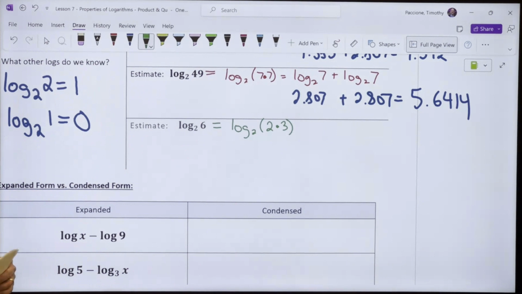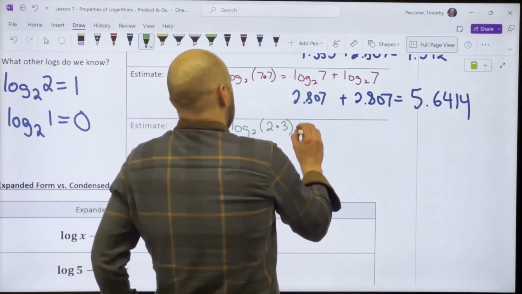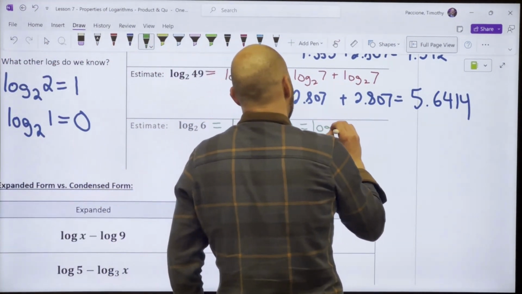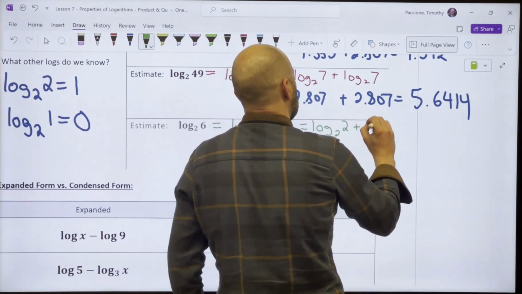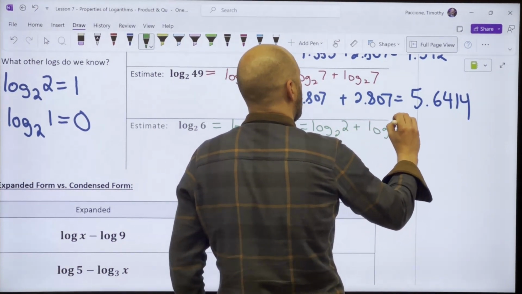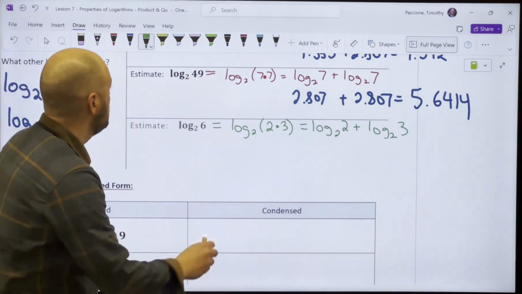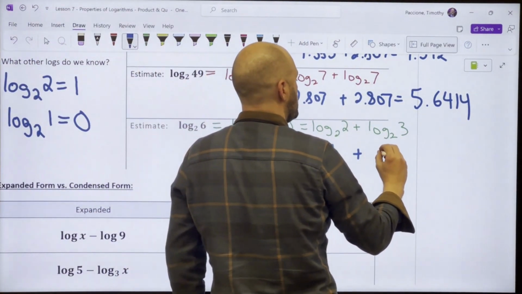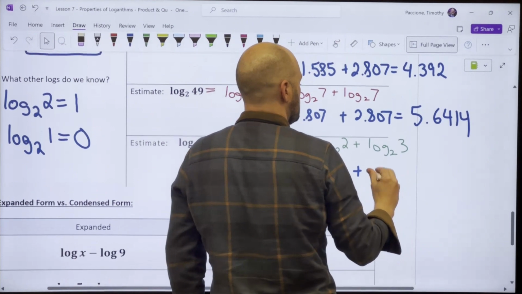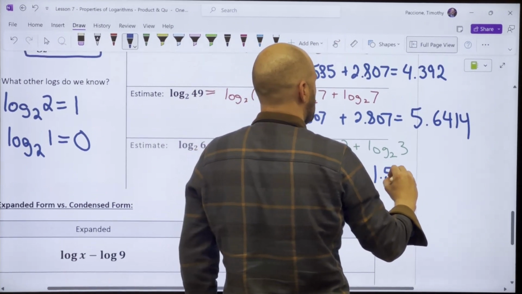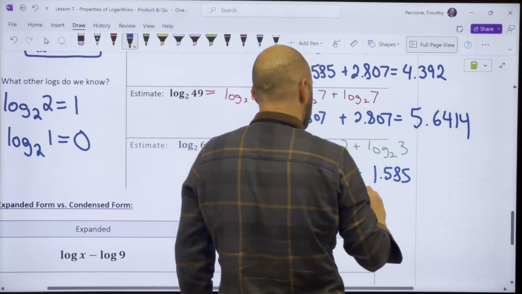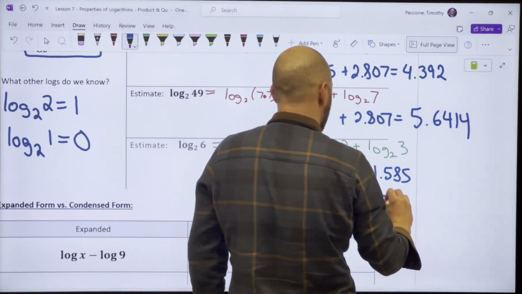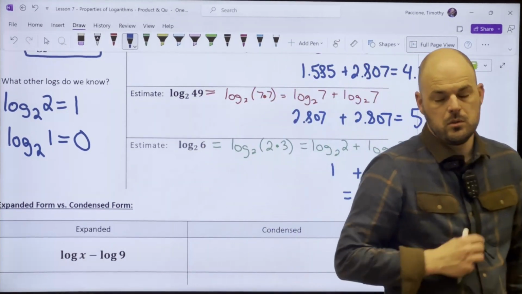You add it. So log base 2 of 2 plus log base 2 of 3, which means it would be 1 plus log base 2 of 3, which is 1.585, or in other words, 2.585. Good. Make sense?